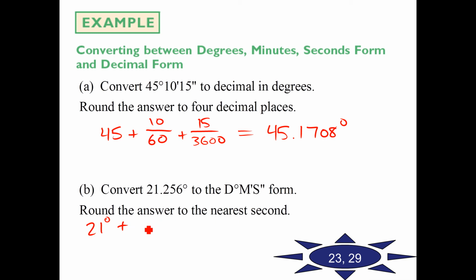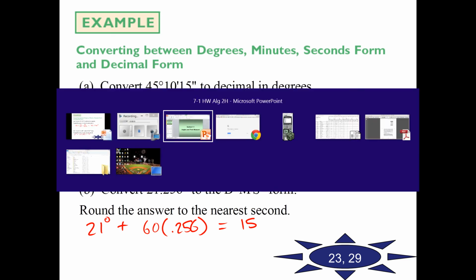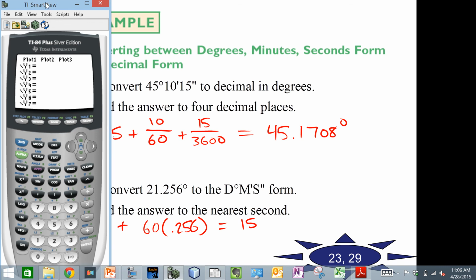Okay, going back the other direction, we would say this is 21 degrees plus, let's figure out how many minutes this is. So we're going to go 60 times 0.256. I ended up with a decimal, but let's go ahead and plug it in. So in this problem, we're going to go 60 times 0.256, and we get 15.36.